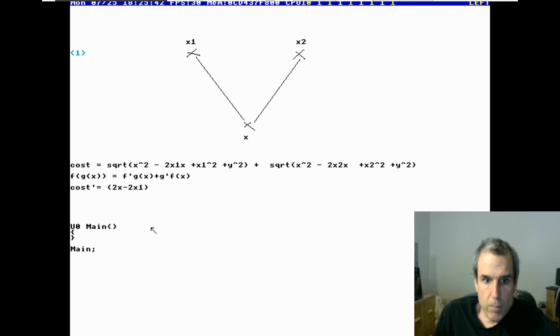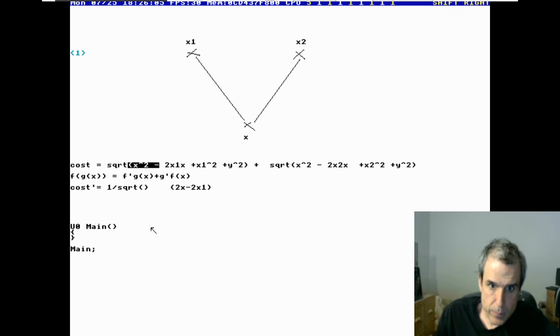Fine. So if this, 1 divided by square root. This puppy.